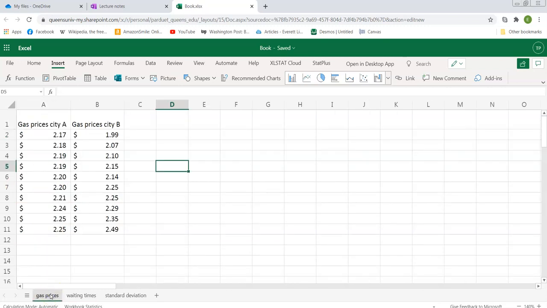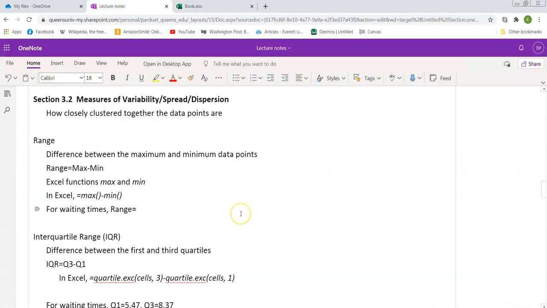And then the other data set we're going to look at is two cities and gas prices per gallon in each of those cities on a given day. So 10 different gas stations recorded their gas prices there.